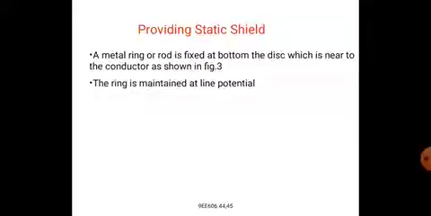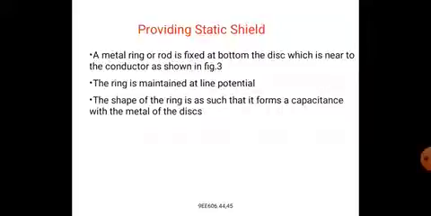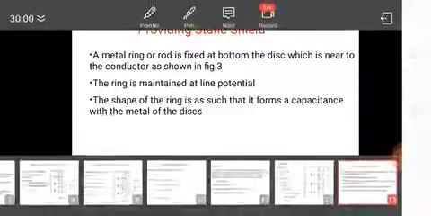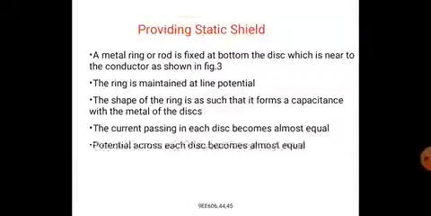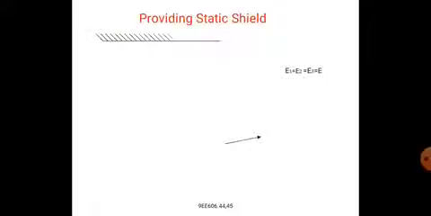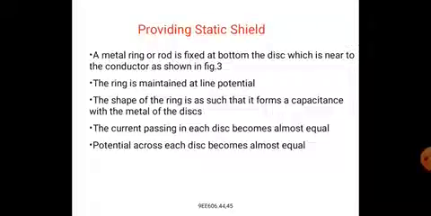The ring is maintained at the line potential. The shape of this ring is such that it forms a capacitance with the metal of the disc. The current passing in each disc becomes almost equal. The potential across each disc becomes almost equal.